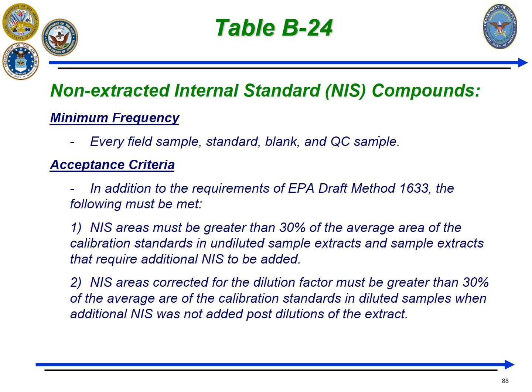With respect to samples that theoretically should still have the full amount that was spiked in, those are undiluted samples, sample extracts, and sample extracts that were diluted and had to have additional NIS added to that dilution, because the original NIS analytes were diluted out because you had to rerun it at such a high dilution. Those are required. Their areas need to be greater than 30% of the average area of the calibration standards.